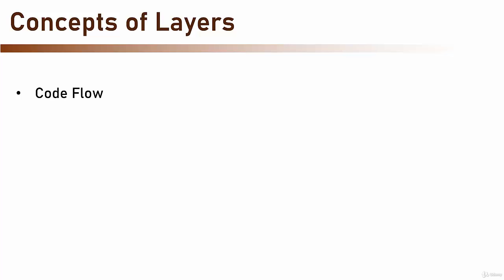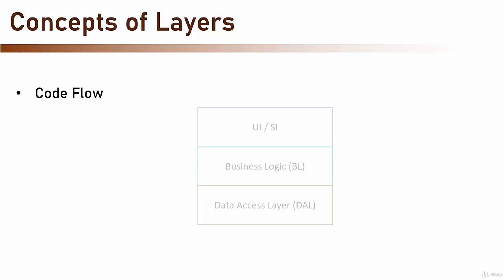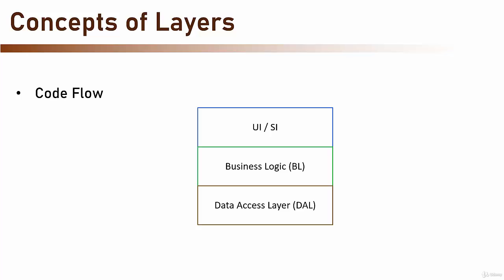Now, I want to mention one of the most important concepts of layers, which is code flow. Let's take a look at a typical component with the classic layers, UI, BL, and DAL. Now, the UI can access the BL layer, which is immediately underneath it, but in no way can it skip the BL layer and talk directly to the data access layer.